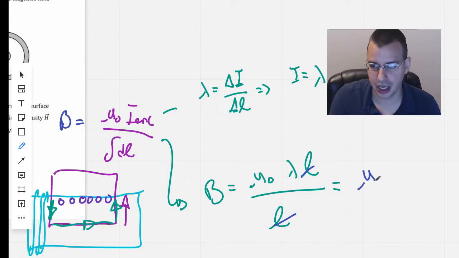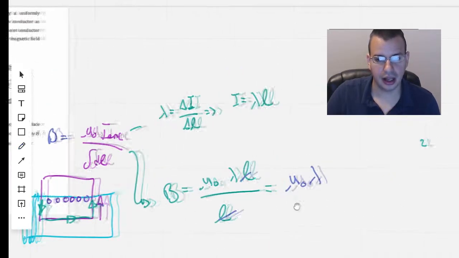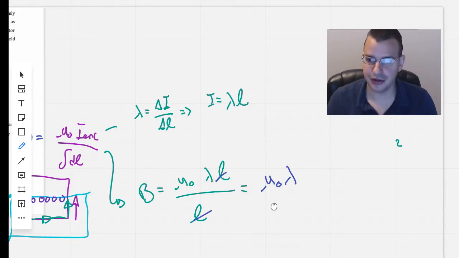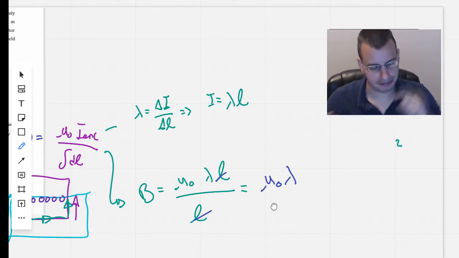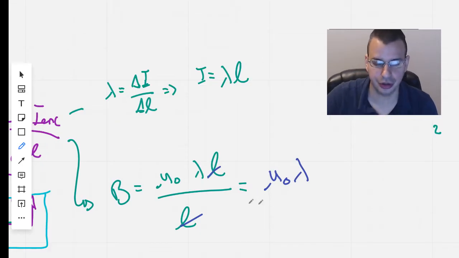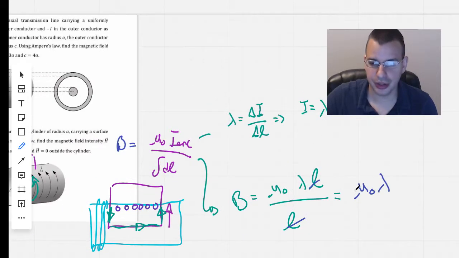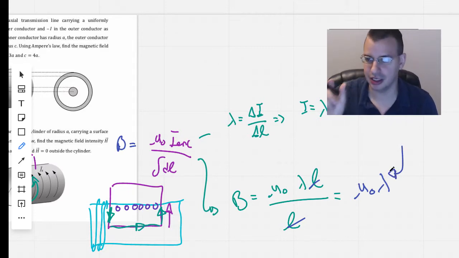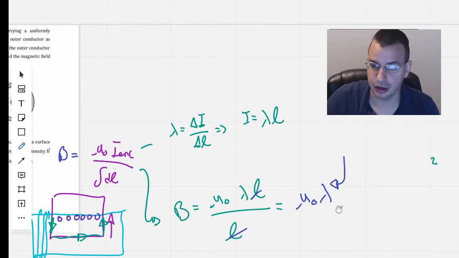We're left with mu naught lambda, where this will probably look different than if you look for the definition of a magnetic field due to a solenoid, but then this lambda right here encompasses a lot more than it's usually given in each of the variables of the formula you're going to look up.